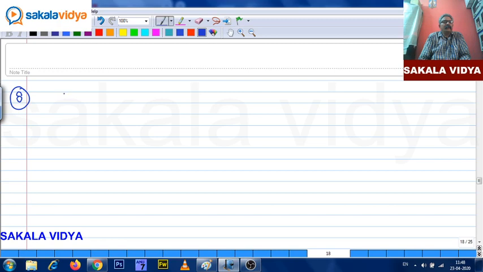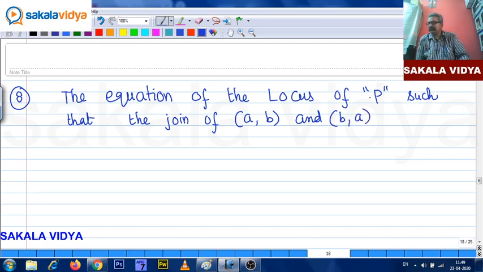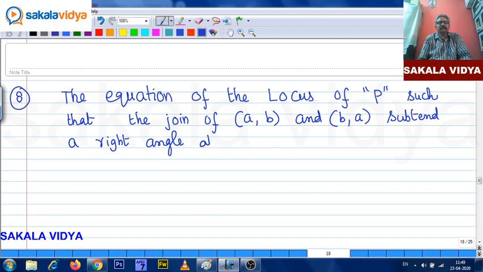Eighth question. The equation of the locus of P such that the join of (a, b) and (b, a) subtend a right angle at P is.